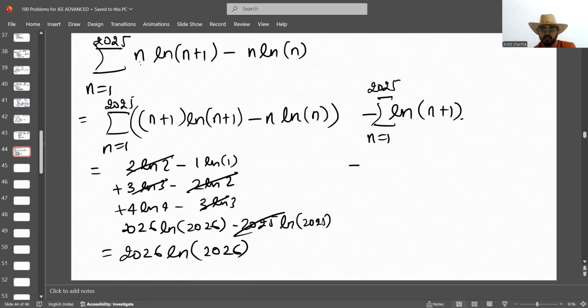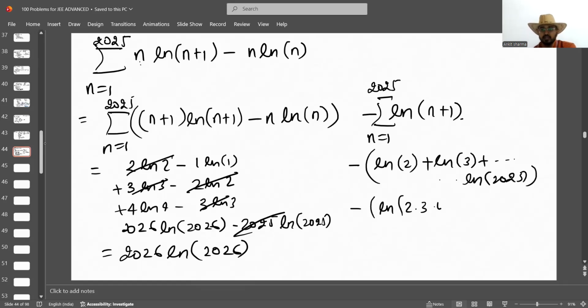So ln summation would be, if I plug in here, then I get here ln of 2 plus ln of 3 and so on up to ln of 2025, which I can write down, minus of ln a plus ln b property, that will give me ln of 2 into 3 into 4 and so on up to 2025, which is nothing but minus ln of 2025 factorial.